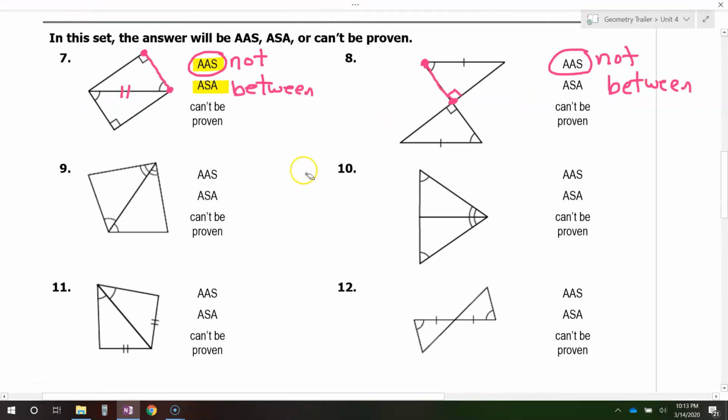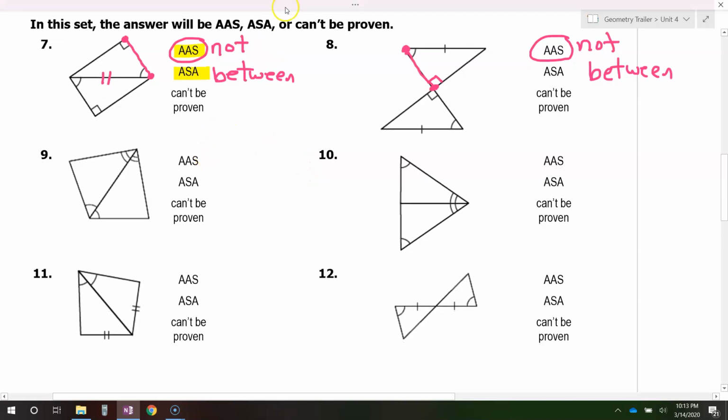Okay, brilliant. Number 9. We have a shared side. Boom. Let's focus on one triangle at a time. Let's focus on this triangle over here. I see that we have an angle, and we have an angle, and we have a side.